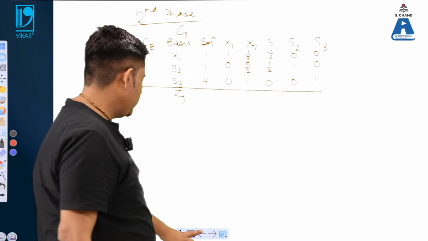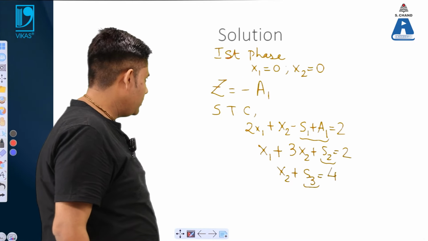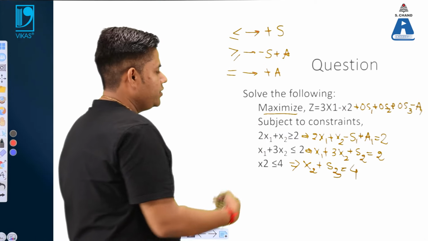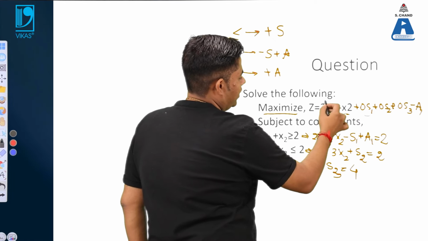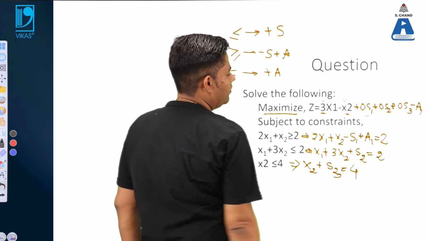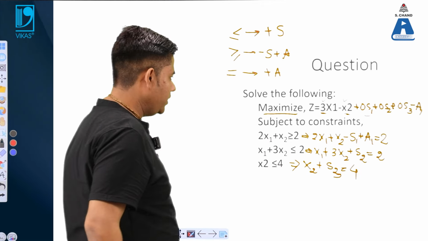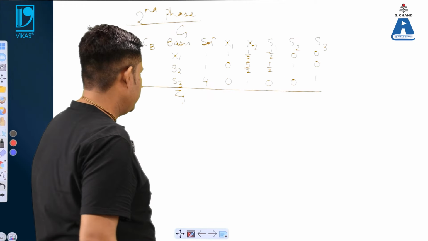Now what is to be done in the second phase? In the second phase, you would come to the original question, and in the original question you would write all the coefficients of these variables. Like you had got 3, you have got minus 1 and 0, 0, 0. So all these elements are to be mentioned as it is in the second phase now.